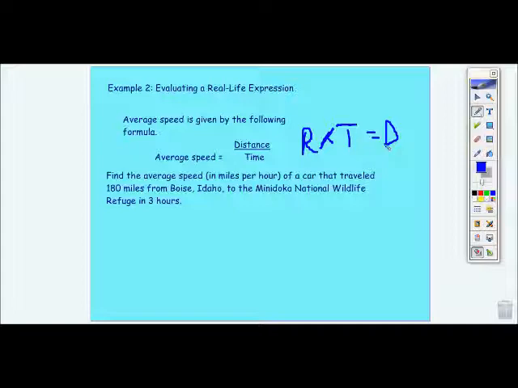Now, I want to give you a little trick here as far as figuring out these expressions. You're used to rate times time equals distance. A good way to deal with a different kind of formula, where this time we're trying to find the rate or the speed, is to take your familiar formula of rate times time equals distance and substitute some very simple numbers in for that.